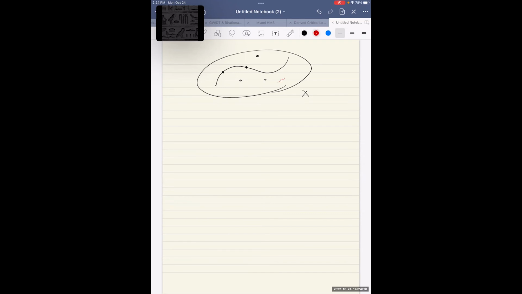So this whole thing is Z inside X. If I just look at the curve part of it, only the curve itself, with the embedded points removed, this is the pure part of the subscheme Z. And the embedded points are the non-pure part of it. So these are embedded points.